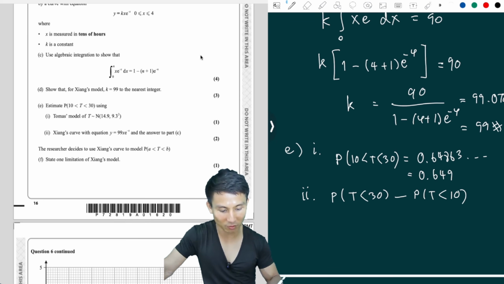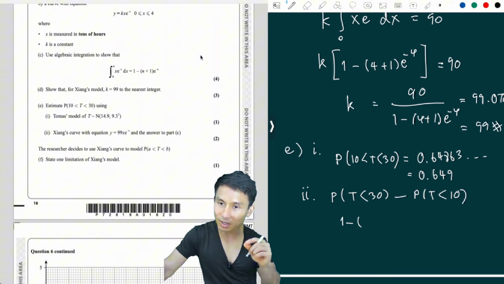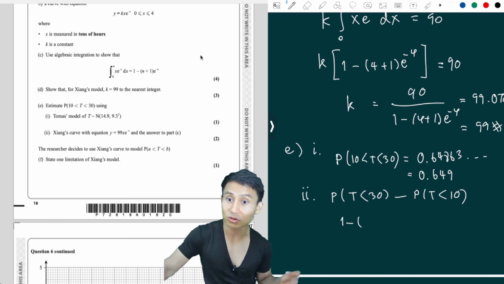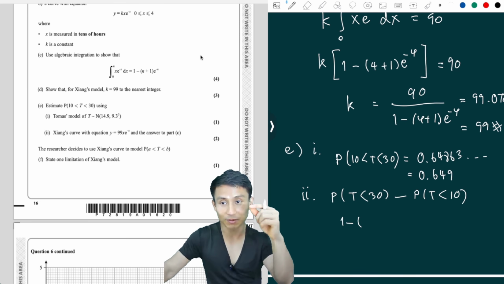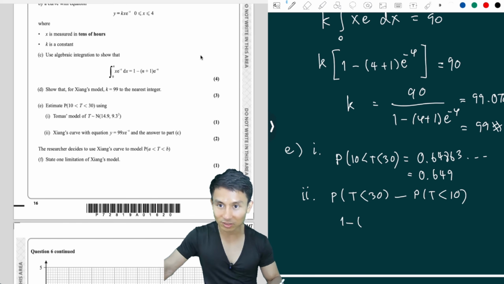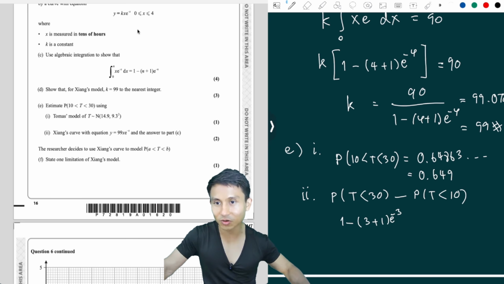How do we do that? Well, when using Xiang's curve for 30 hours, we need to do 3. So the upper limit is 3 instead, because don't forget x is in tens of hours, not hours. So this is 1 minus (3 plus 1) e to the minus 3. But this is only the result of this integral without the k.